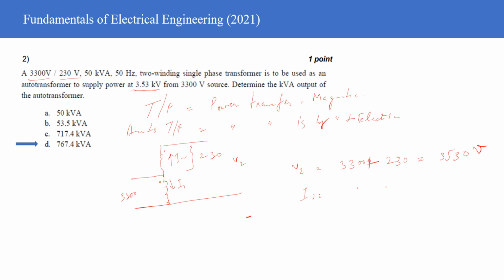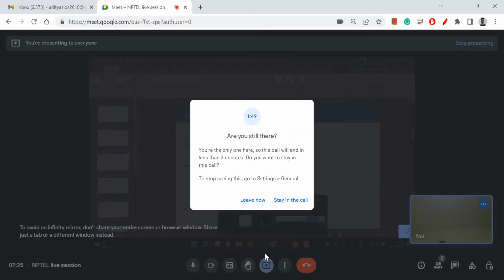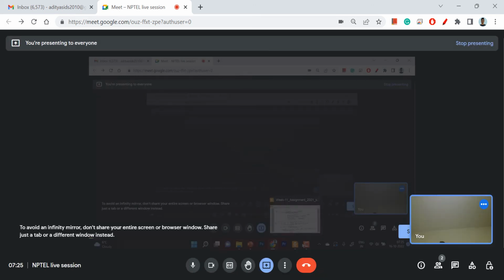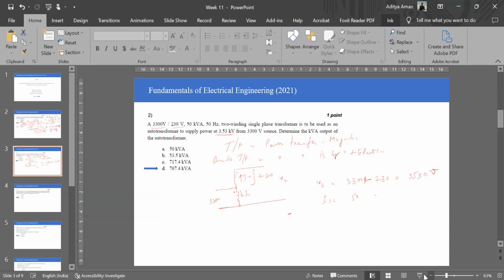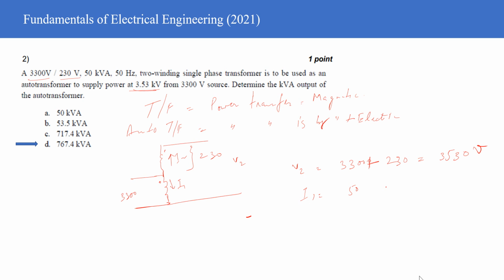I1 is nothing but 50,000, that is 50 kVA, divided by this voltage.